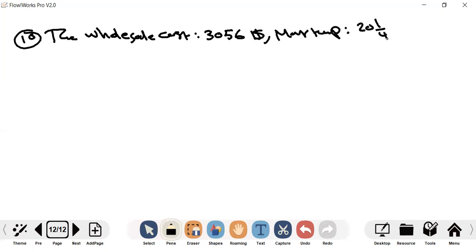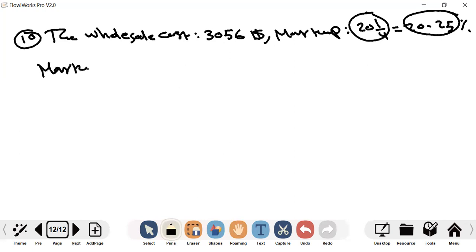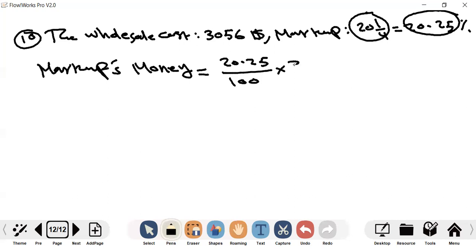20 and 1/4. I can write it as 20.25. It is the same, you can use this form or this form. 1/4 is 0.25. Let's find the selling price. First, we find the markup money, right? It equals 20.25 over 100 multiplied by 3056.